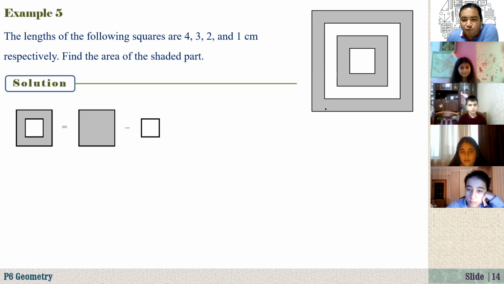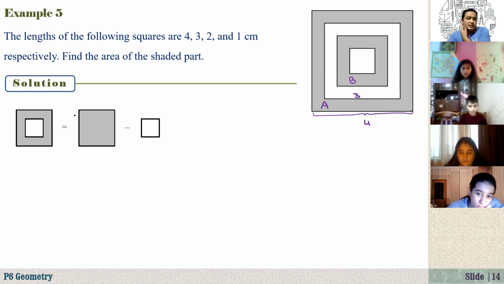Now, look, suppose that there's the first one, the big one. Let me just denote the shaded region by capital A. The second one, let's say it is B, right? What is the length of this big square? It is 4, right? And how about the small one? It is 3. So to find the area of this shaded region, I need to find the area of the big one, and I am removing this internal part from the center.